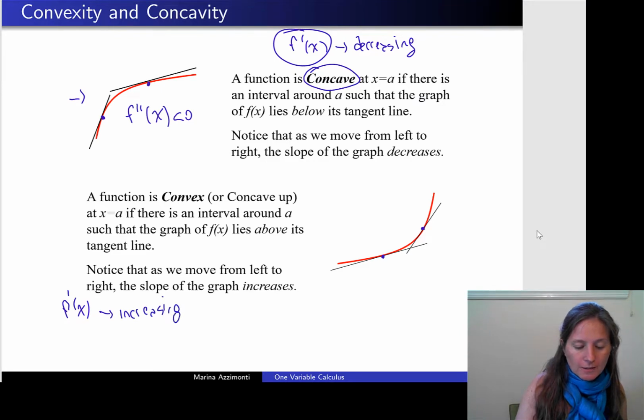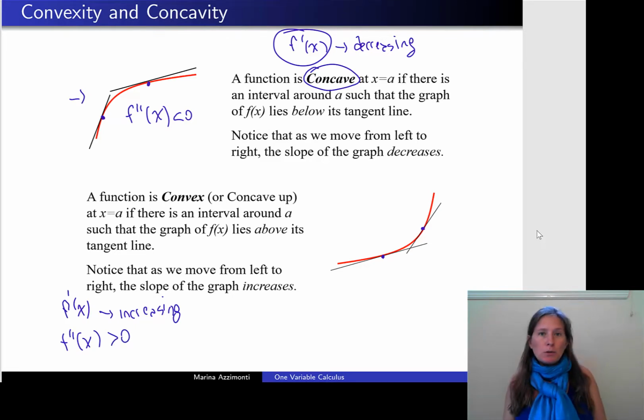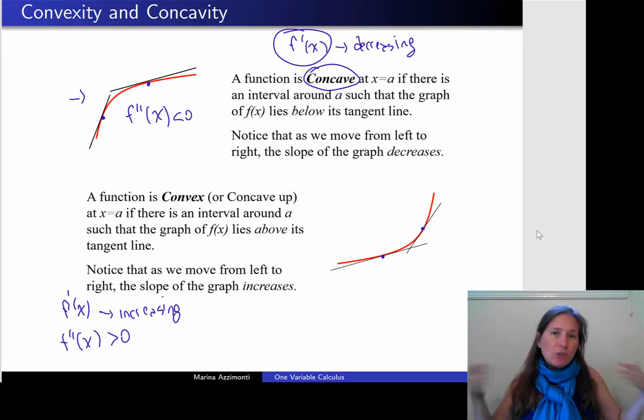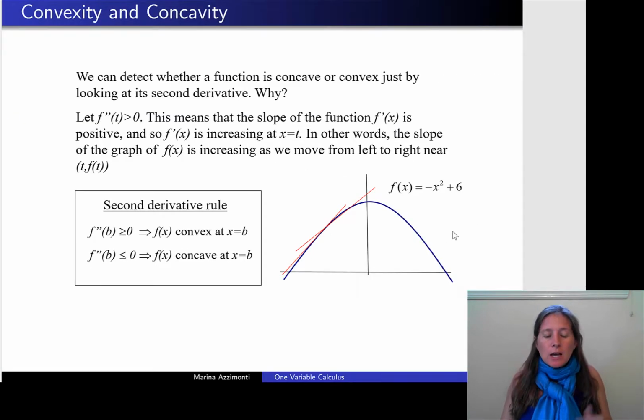Again, what does that say about the second derivative? Well, it's just saying that the second derivative has to be positive. So this is another way in which we can figure out whether a function is concave or convex, which is less convoluted than the definition that we saw the other time, and it's a little bit easier to compute once you can use the formulas.